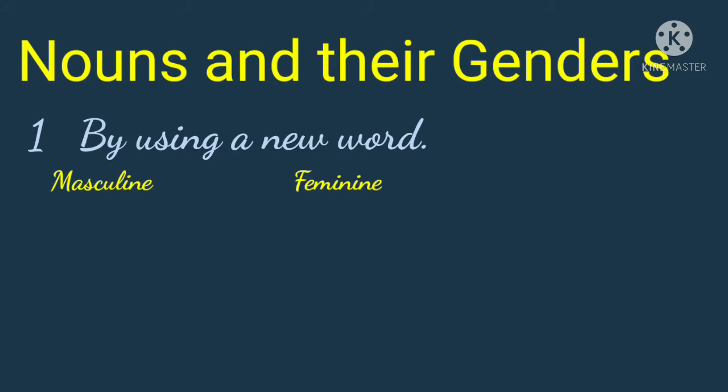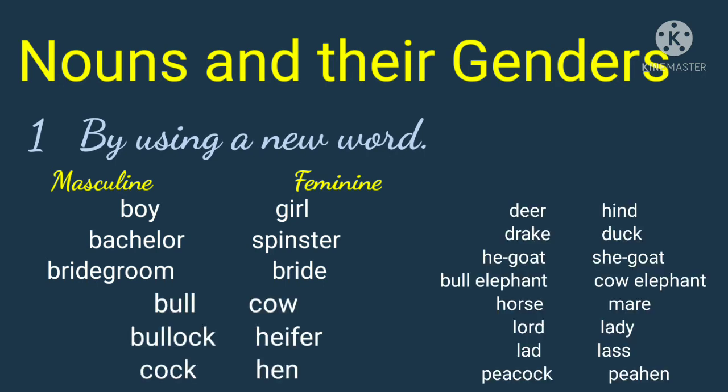Number one, by using a new word. For example, boy, girl; bachelor, spinster; bridegroom, bride; bull, cow; bullock, heifer; cock, hen; deer, hind; drake, duck; he goat, she goat; bull elephant, cow elephant; horse, mare; lord, lady; lad, lass; peacock, peahen.